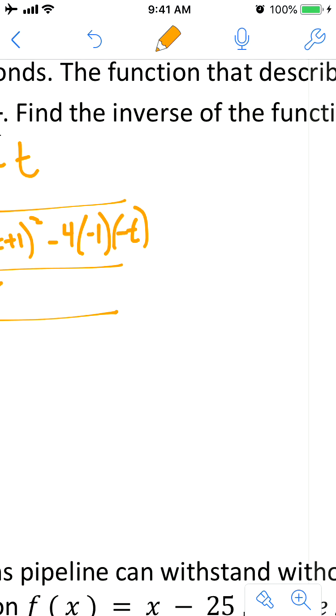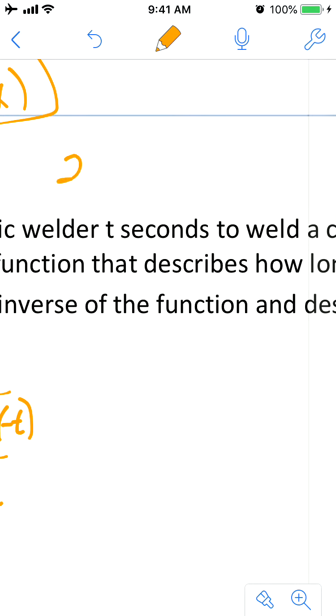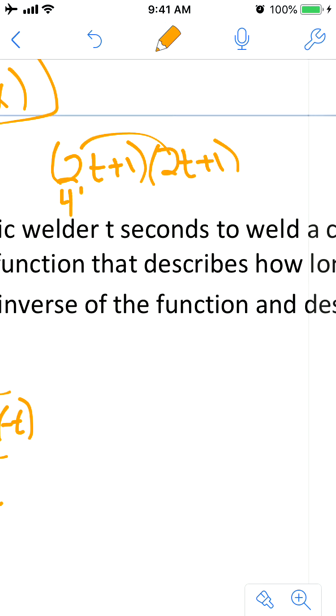So over here on the side, we're going to do 2t plus 1 times itself, because that's what 2t plus 1 squared means, right? That's what it means when you square something, times itself. So we end up with 4t squared plus 2t plus 2t plus 1.